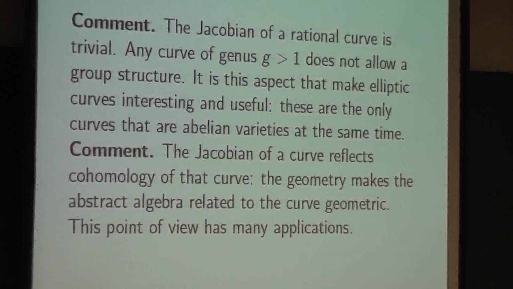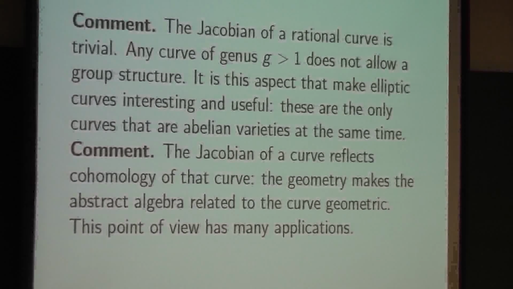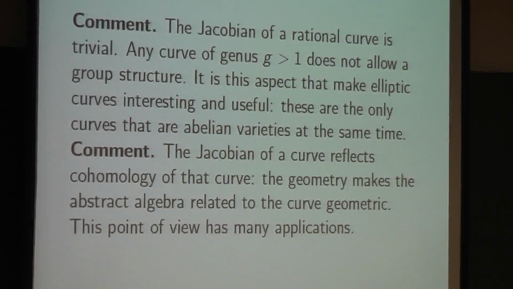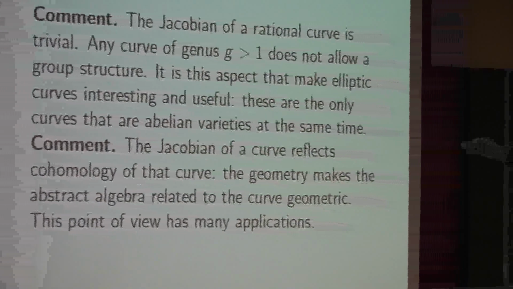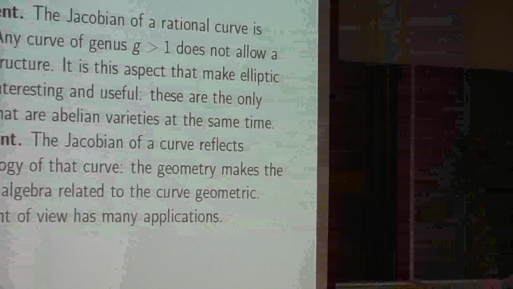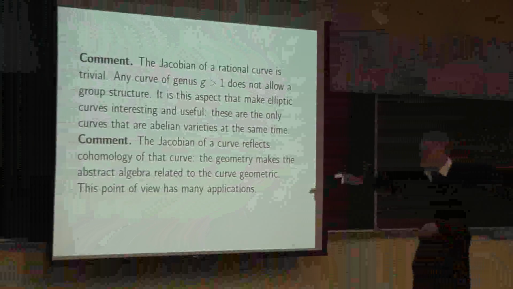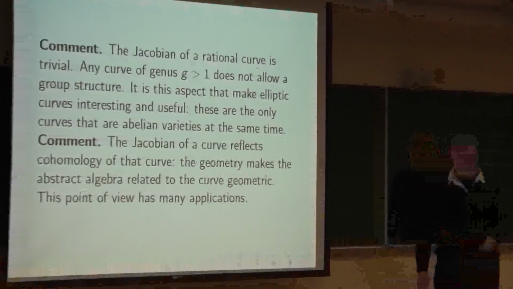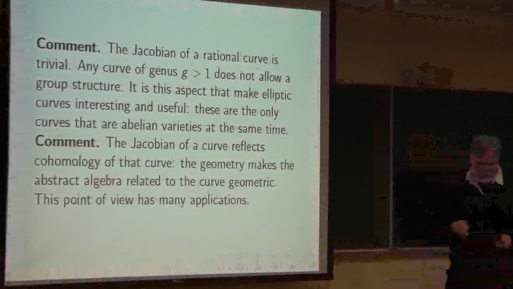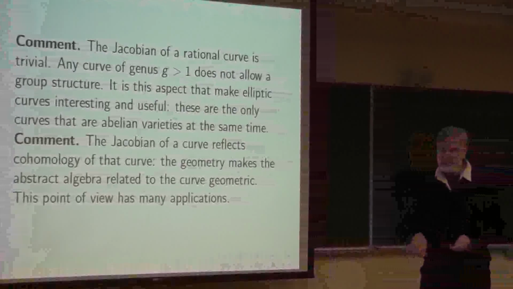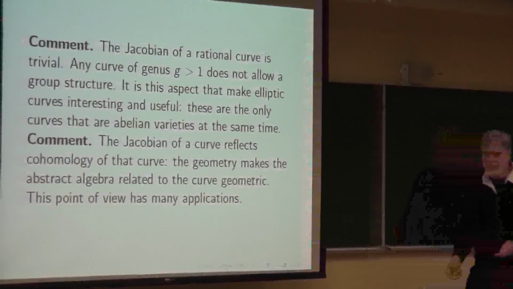So this might comment that elliptic curves are abelian varieties, and these are the only abelian varieties which have dimension 1. And the second comment is the Jacobian of a curve reflects the cohomology of the curve. If you compute cohomology, that's just an algebraic technique.